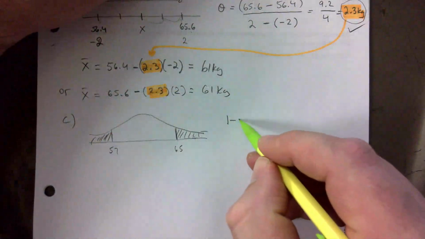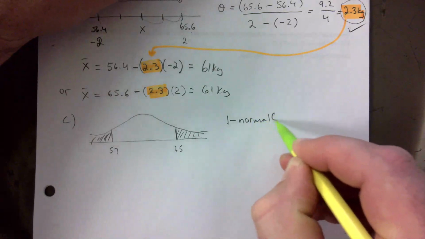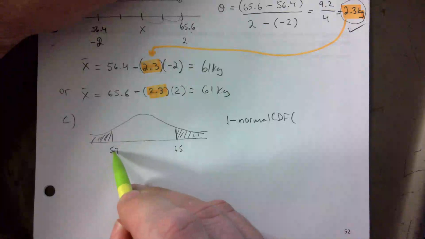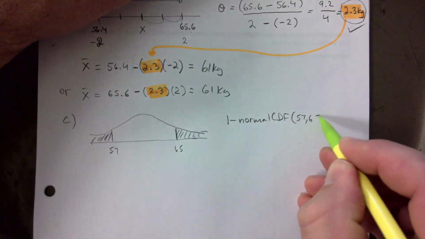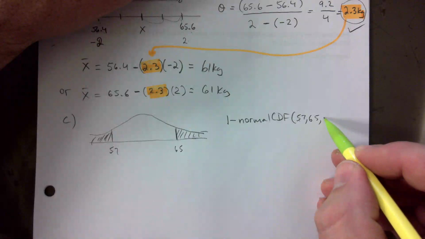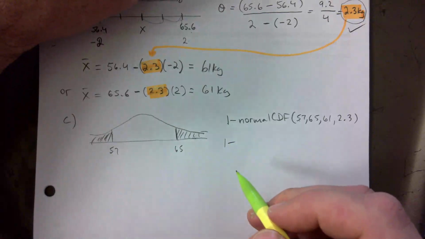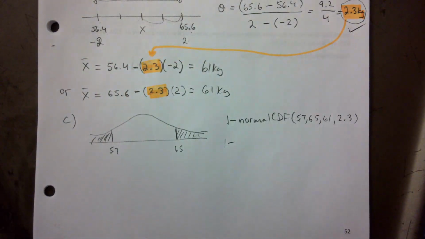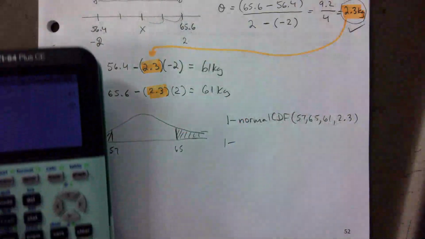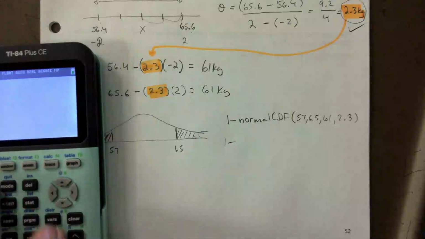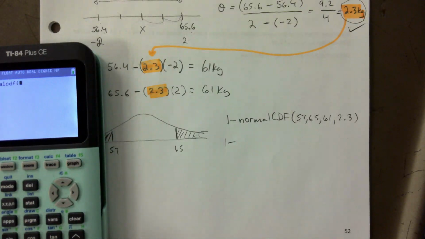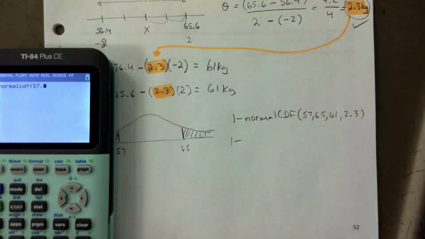So I'm just going to say 1 minus normal CDF, and I'm going to figure out 57 to 65, and my mean and standard deviation I know is 61, 2.3. So it's 1 minus normal CDF, 57, 65, 61, 2.3.